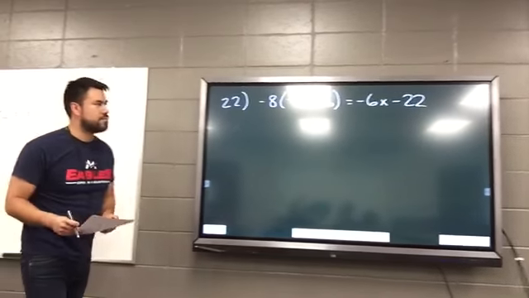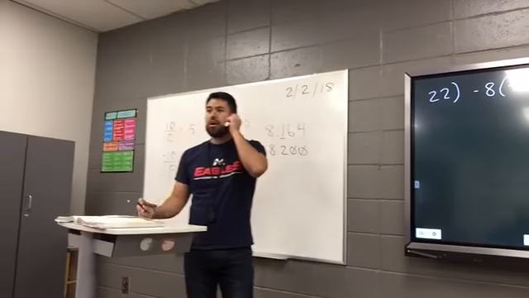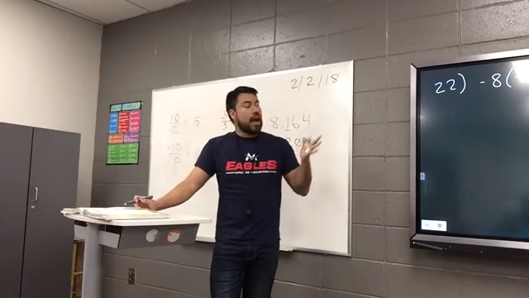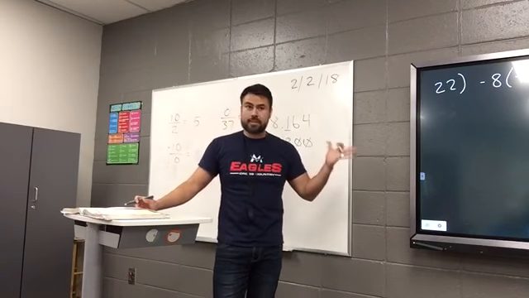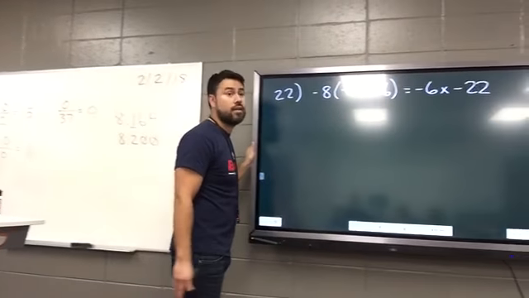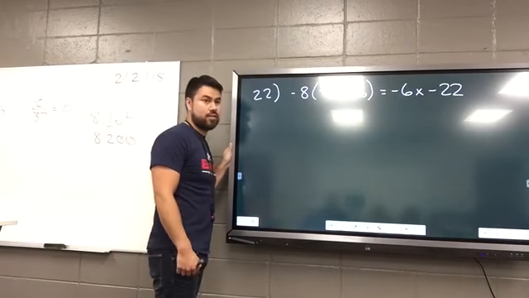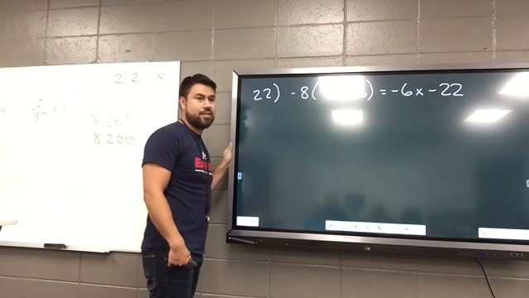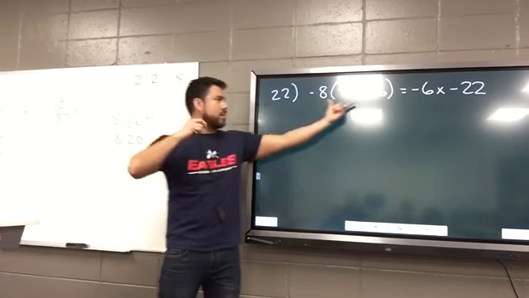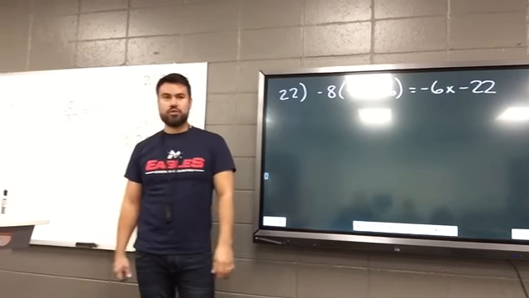All right. Are both sides simplified? No. How can I make the left side simpler? Sophie? Can I subtract 6x from both sides? Nope, because I have those parentheses. I have to use this property first, Bella.